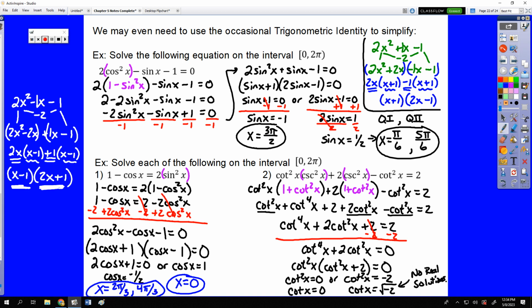But cotangent is equal to 0. Remember that cotangent is cosine divided by sine, which means cotangent is equal to 0 where cosine is equal to 0.